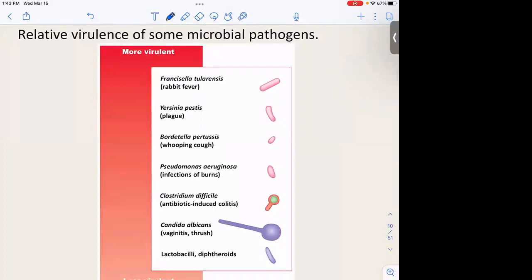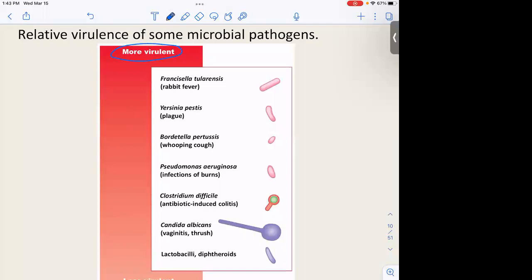Okay, so different organisms, we can rank organisms based on their virulence. Some organisms are highly virulent, that just means, again, that they're more likely to cause an infection, and usually that implies that the infection is serious.